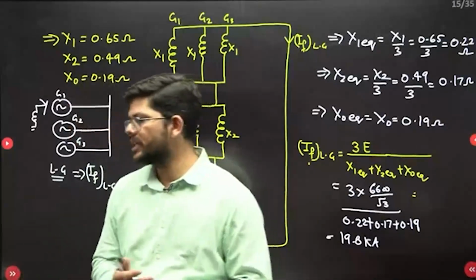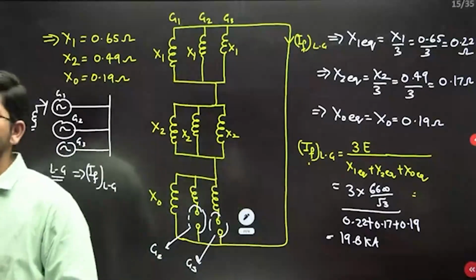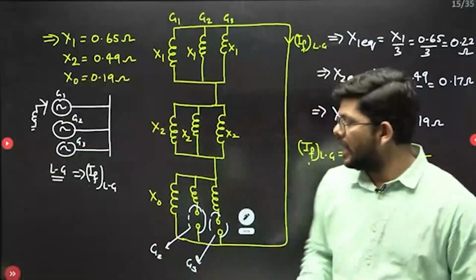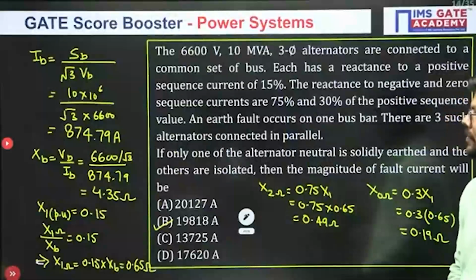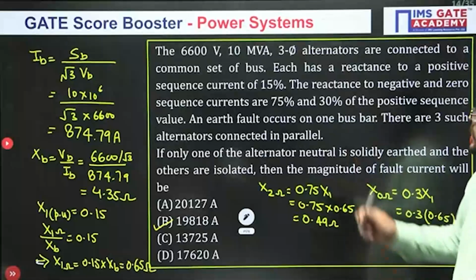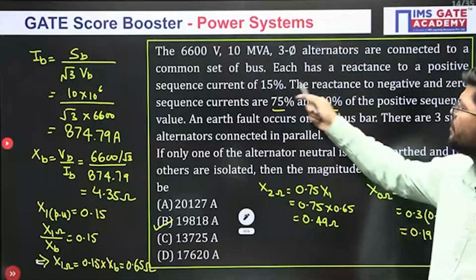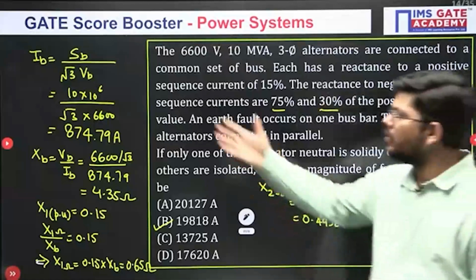I hope this is clear to you. Now this question which we have discussed is a very long one, and a lot of concepts have been used here. First, if the question gives equivalent reactances in percentage of something, how to deal with that.